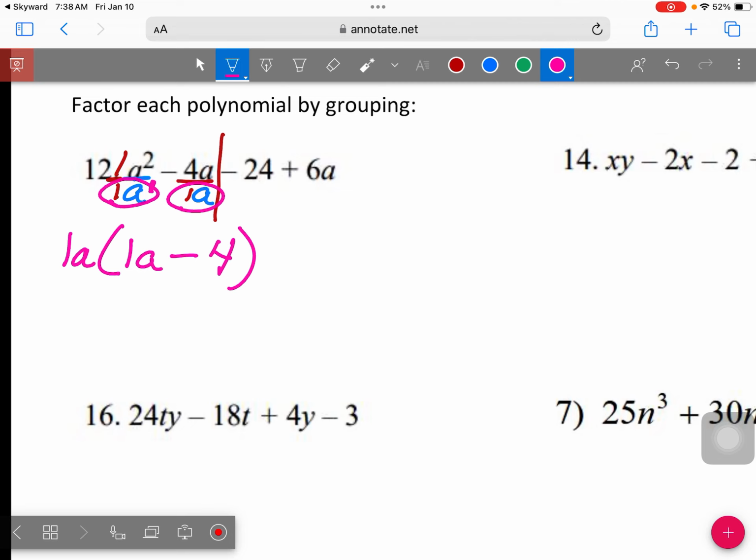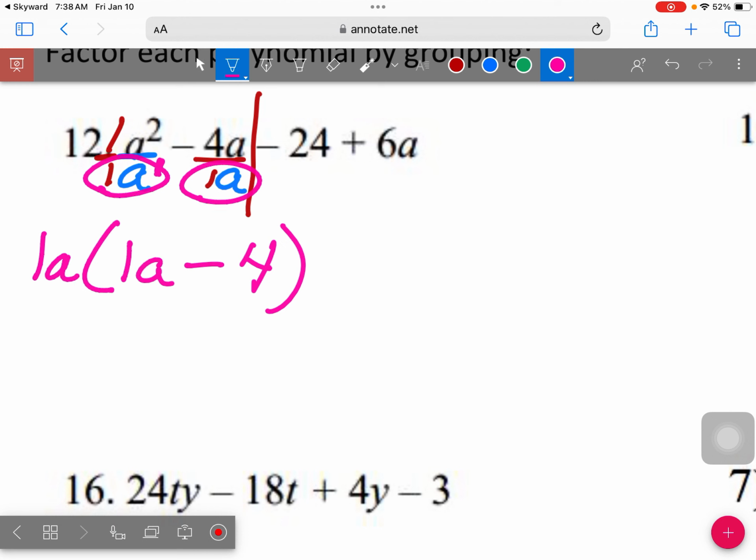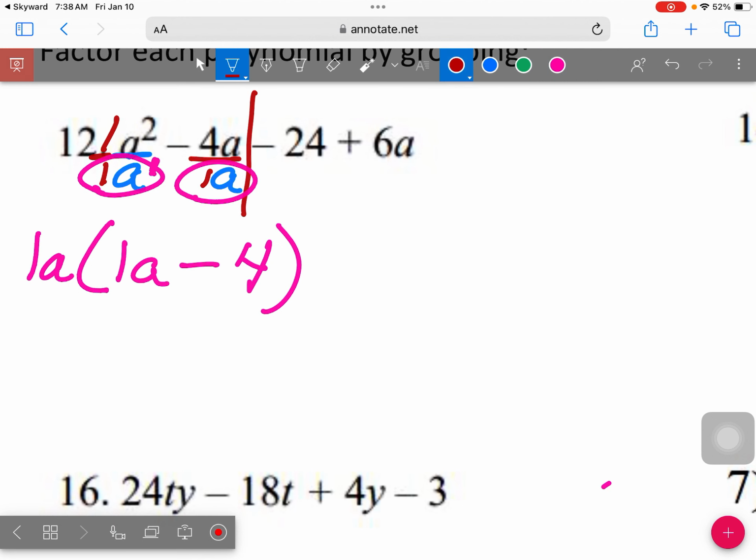Okay? All right. So then I look at my second one. Look at the coefficients or the constant. I've got negative 24 and 6. 6 is the smallest. Is 6 a factor of 24? Yes. So I can divide by 6. Here's an a, but there's no a over here.